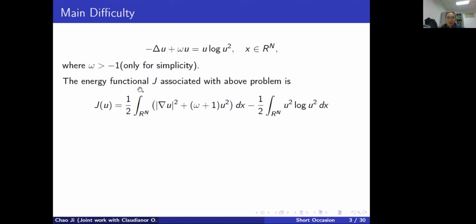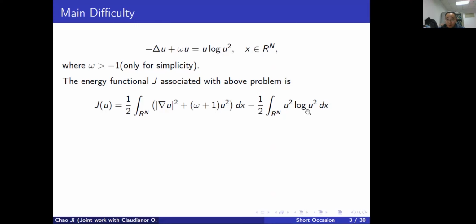The functional J associated with this equation is this functional. Here let's pay attention to this number 1. Why do we have to add 1?